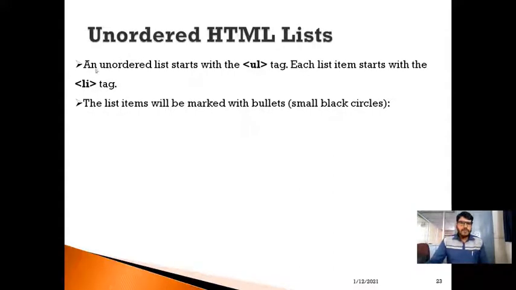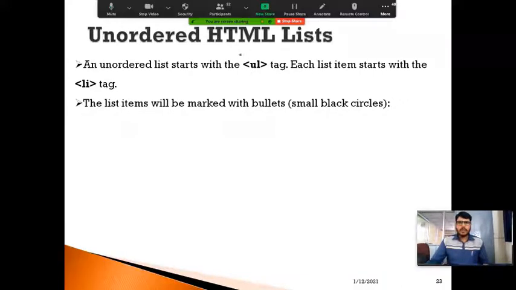To generate an unordered list, we are going to start the list by using the UL tag. UL stands for unordered list. And for each item, to specify the list item, we are going to use the Li tag.